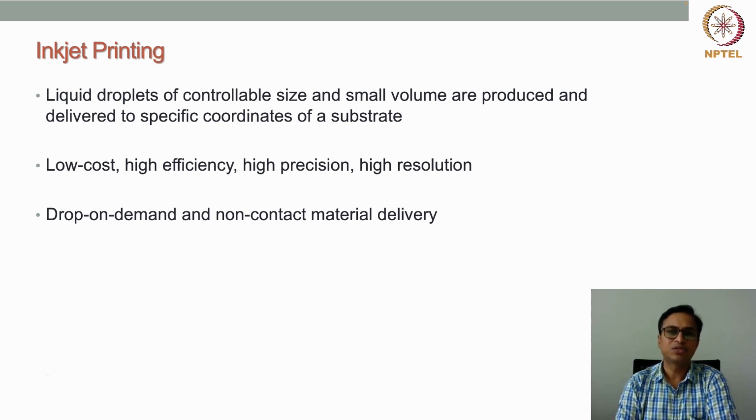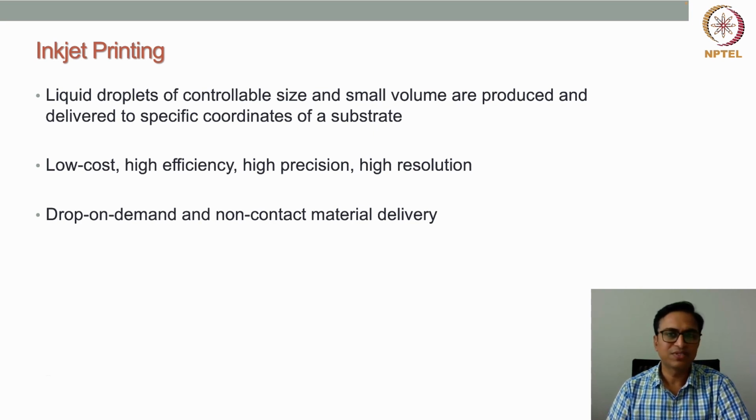So the cost of this printing technology is not very high. It is a low cost technology, but it is highly efficient because some of the printers are capable of producing several hundreds of liquid droplets per second.